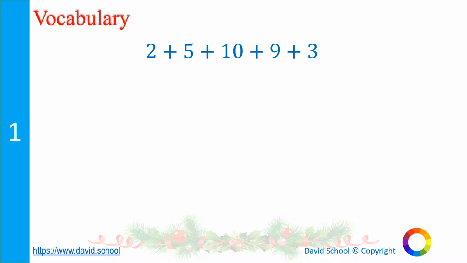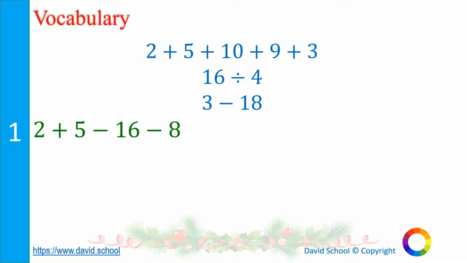When you are summing a list of numbers like this, the order in which you add them does not matter. However, it is not true for other operations like division and subtraction. For example, if you want to simplify this numerical expression, 2 plus 5 minus 16 minus 8, the right way of simplifying is from left to right.